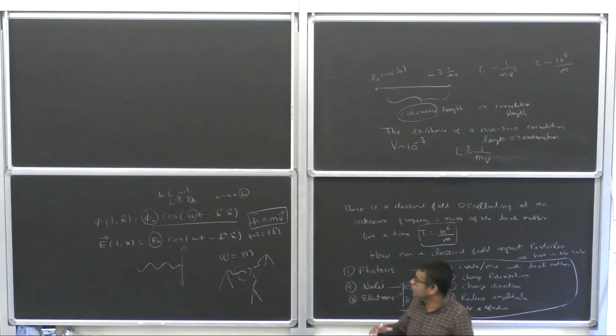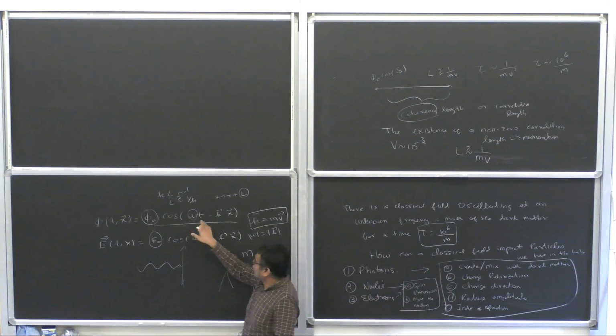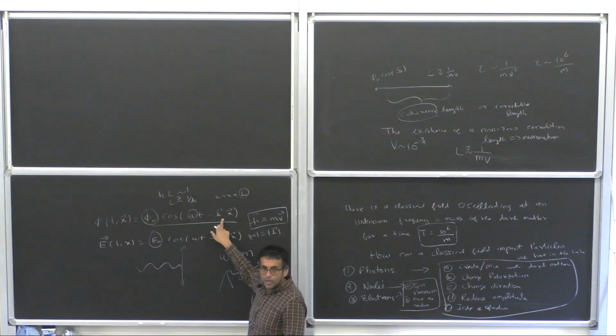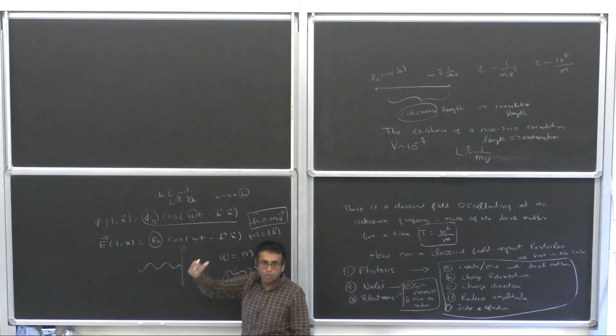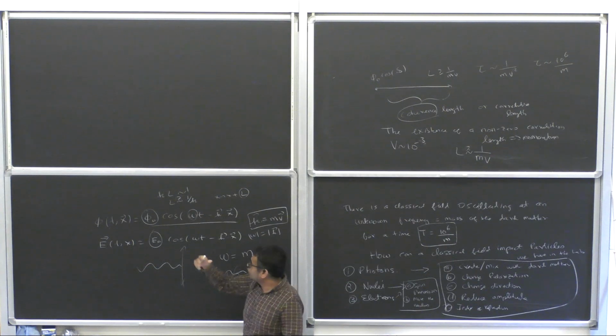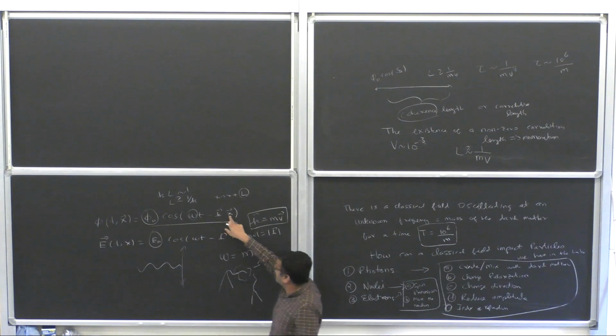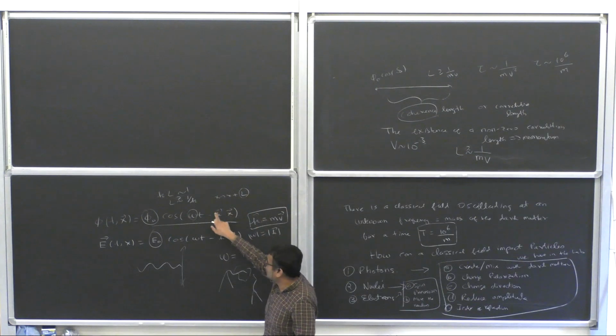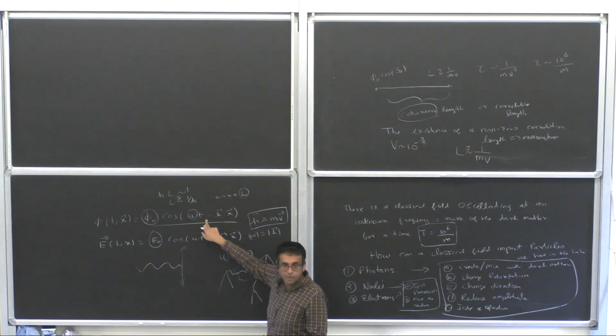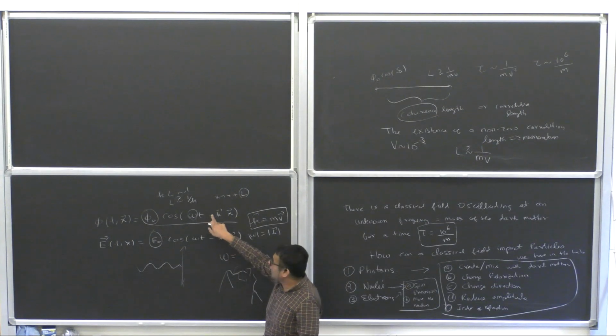Then you say, given that I have to have momentum in it, what does it mean for this phase to become order 1 different? I need to go from x to x plus L. And when I go from x to x plus L, that is when a momentum k will cause the phase to change by order 1. So that's all that's happening there.